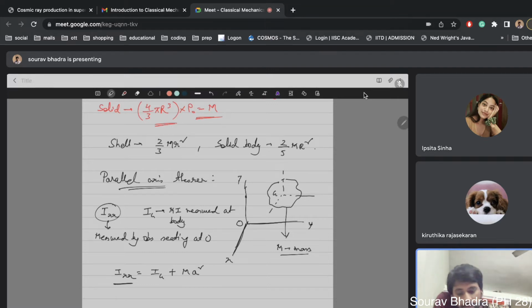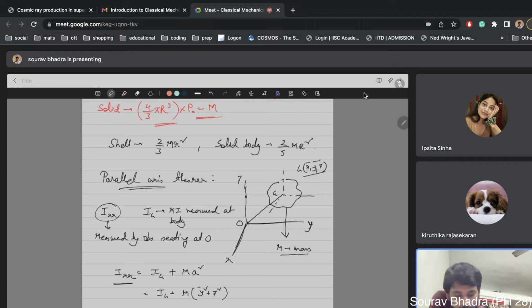Okay, so if I am doing Ixx, then the distance will be this, which can be written as Ig plus m times y bar square plus z bar square, if the coordinate of this particular g is xyz, with a bar to differentiate from this axis.